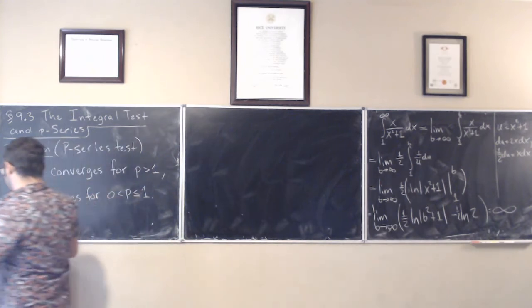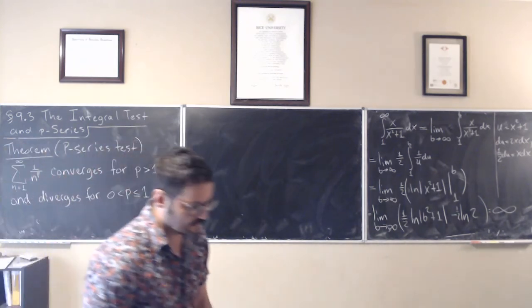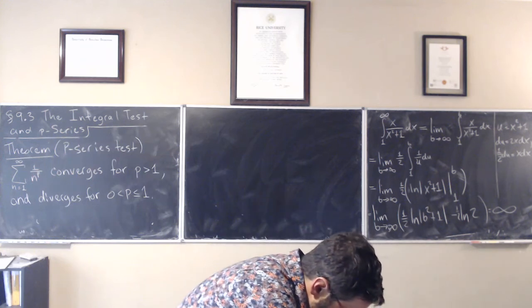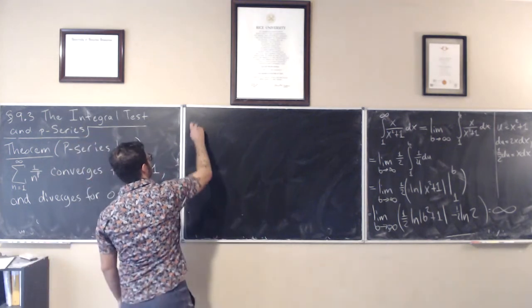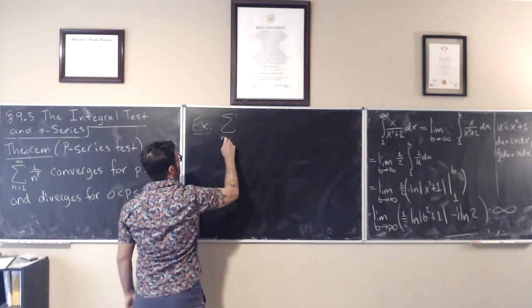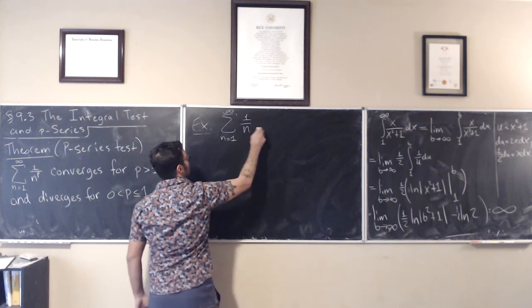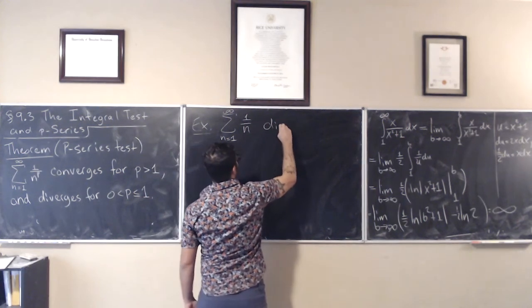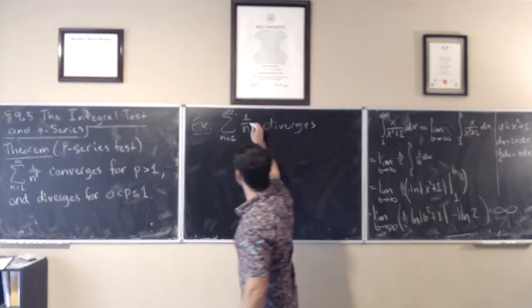Okay. That's really a simple test. Like the harmonic series, 1 over n, diverges, because here p is equal to 1.